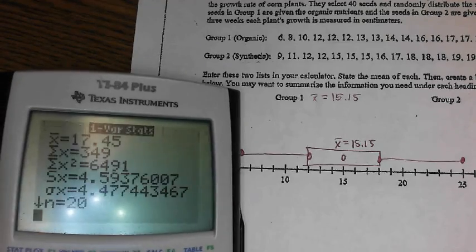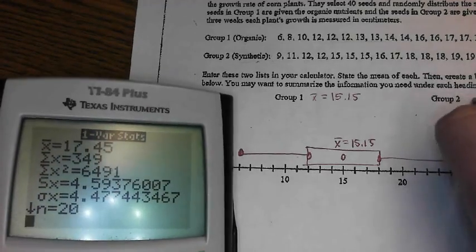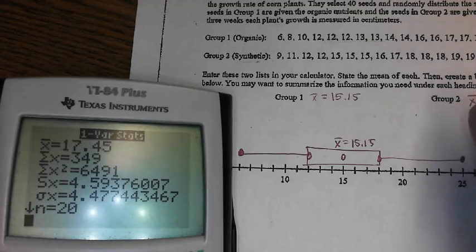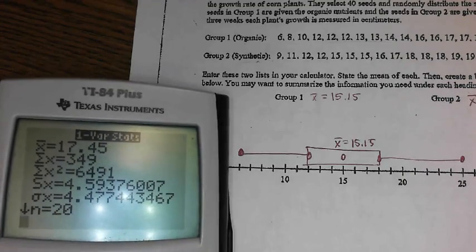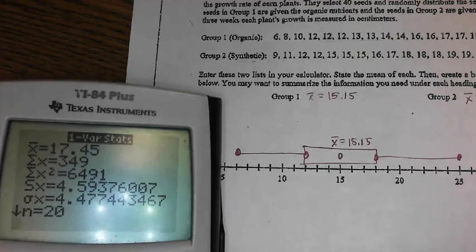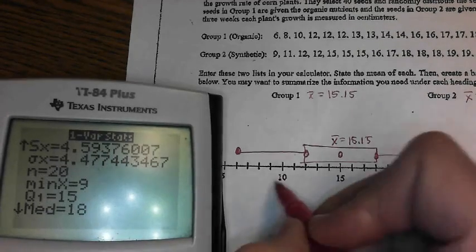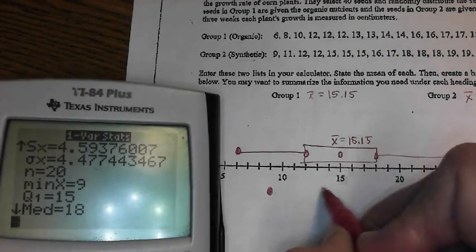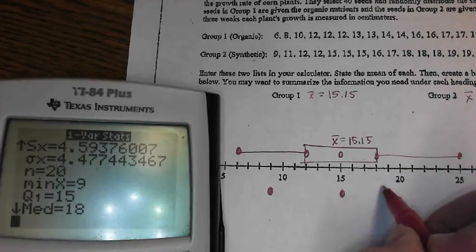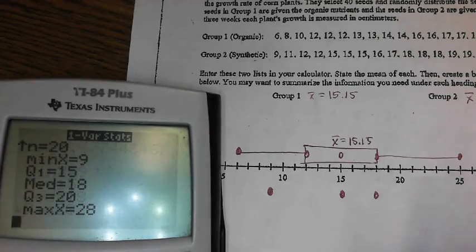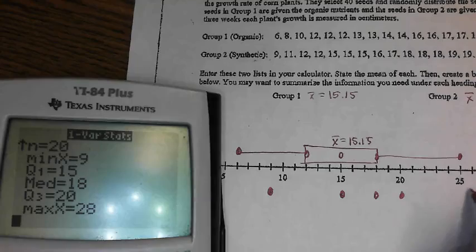And I'm calculating those numbers. So that had an average growth rate of 17.45. So my min is 9, 15, 18, 20, and 28.